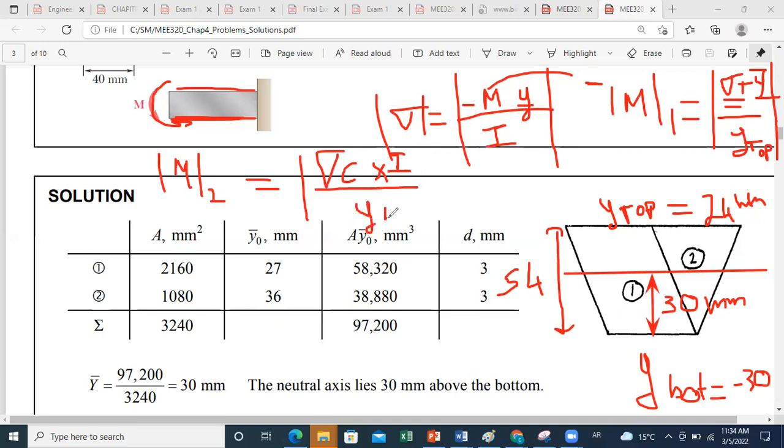Okay, so you should pay attention here that the top is in tension and the bottom is in compression. So when you use the maximum allowable stress for compression, you use with it y of bottom.